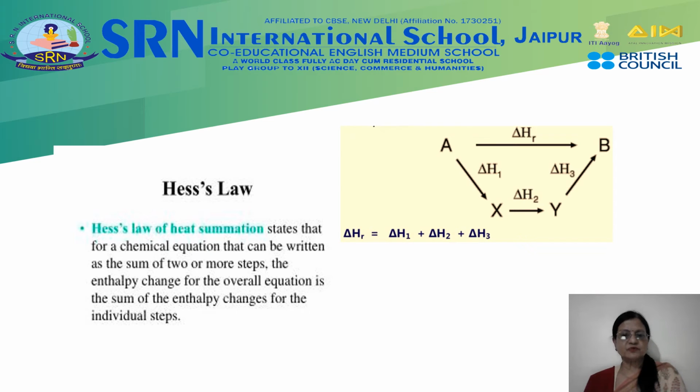X converting to Y is another step where delta H2 is the enthalpy change, and for the third step, Y converting to B, delta H3. So delta HR will be the sum of delta H1 plus delta H2 plus delta H3.